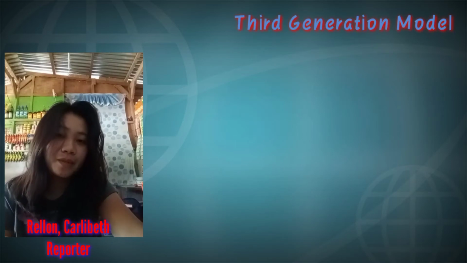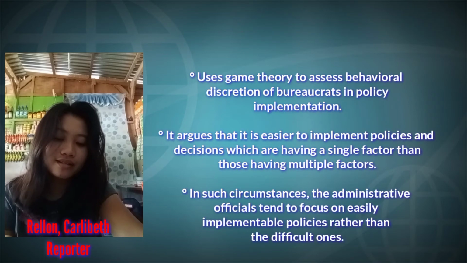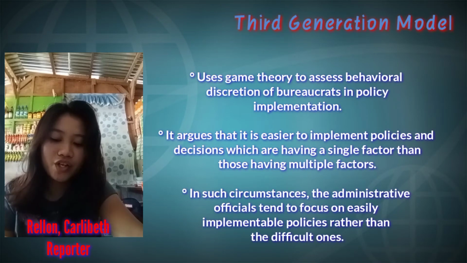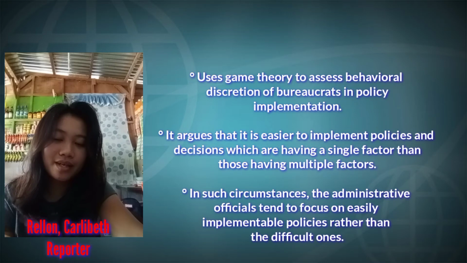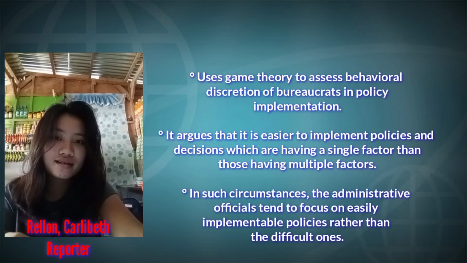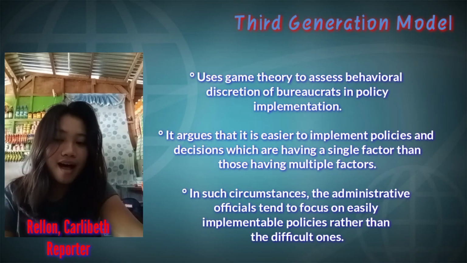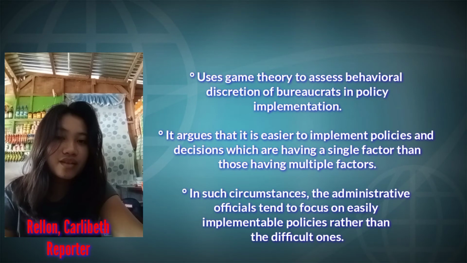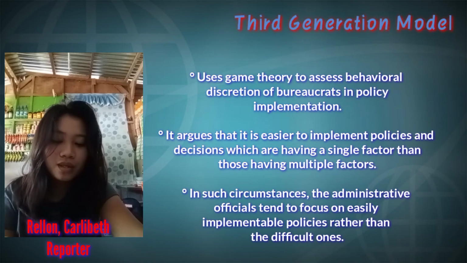The third generation model. The third generation implementation model or theory uses game theory to assist in understanding behavioral discretion of bureaucrats in policy implementation. It argues that it is easier to implement policy and decisions which are having a single factor than those having multiple factors.